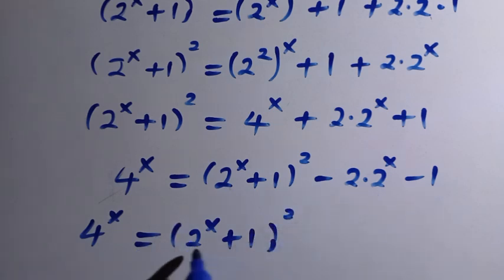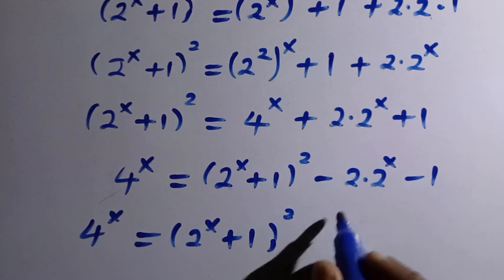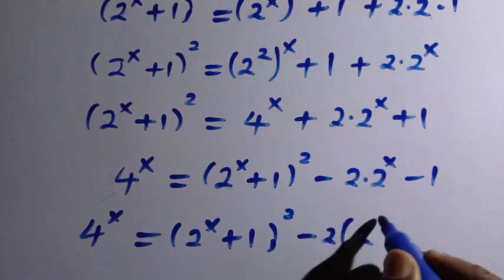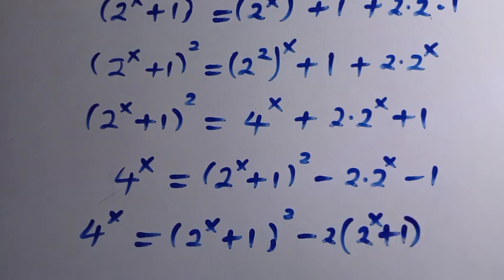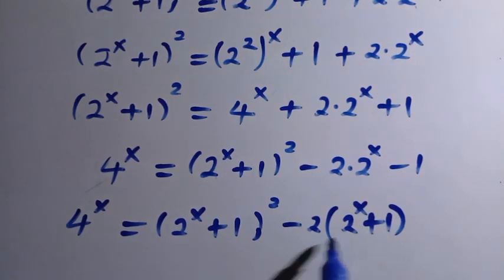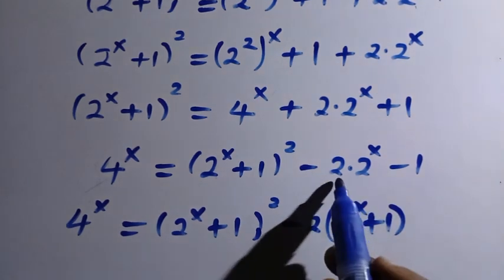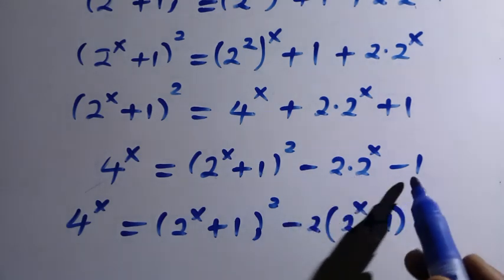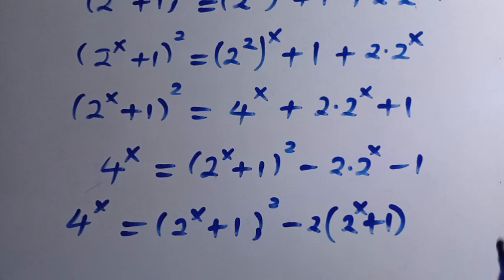So I want to make this one also look like 2 power x plus 1. So what I do is, if I take out minus 2 and I write this as 2 power x plus 1, we know that when we expand this, we have 2 multiplied by 2 power x, we have minus 2 power x, then minus 2 times 1, that is minus 2. But what we have here is minus 1. It means we have to add plus 1 to this.